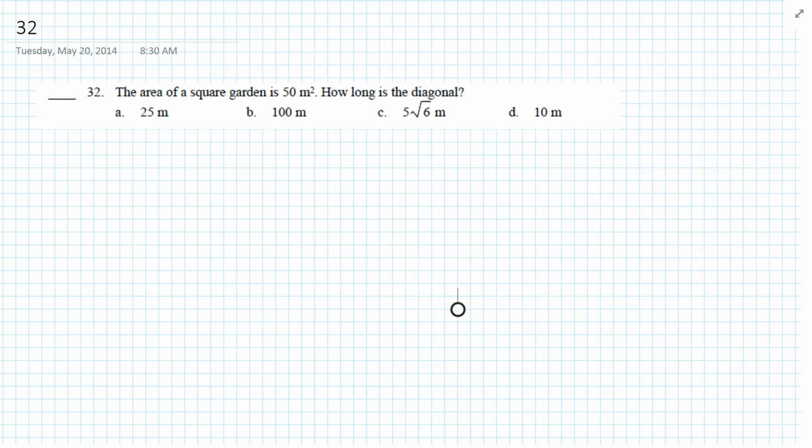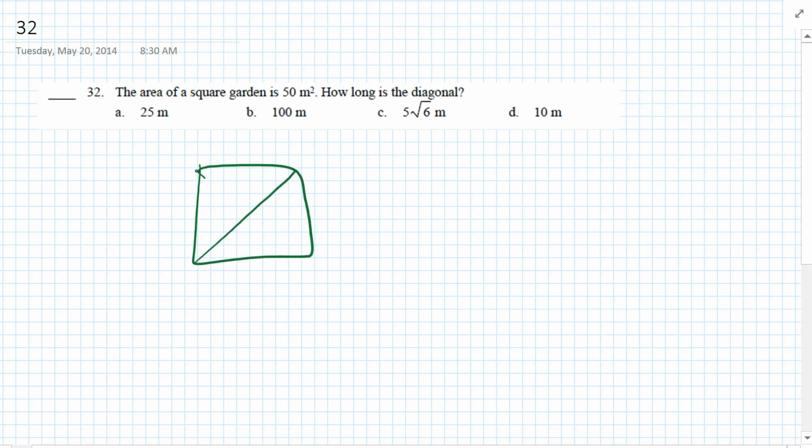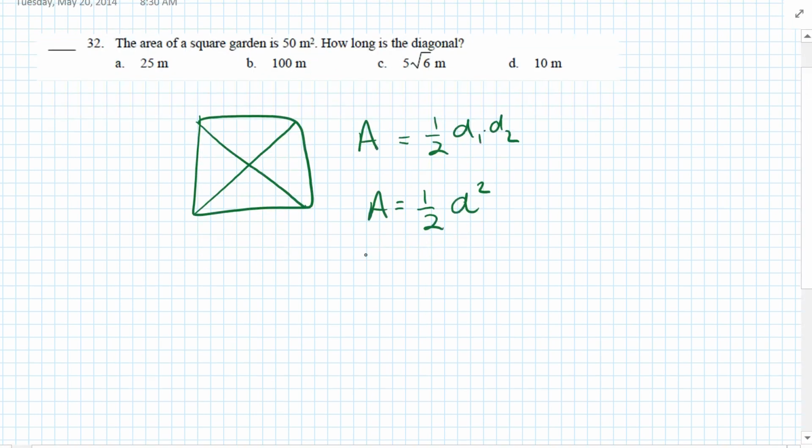32. The area of a square garden is 50 meters squared. How long are the diagonals? Well, if you remember on rhombuses, the area of a rhombus is 1/2 diagonal 1 times diagonal 2. What's true about the diagonals of a square? They're the same. So the area is going to equal 1/2 the diagonal squared.